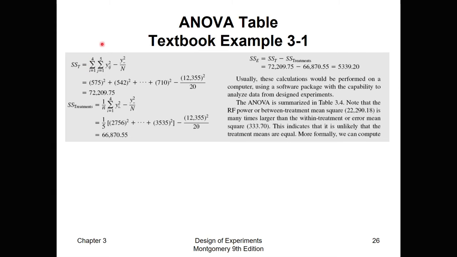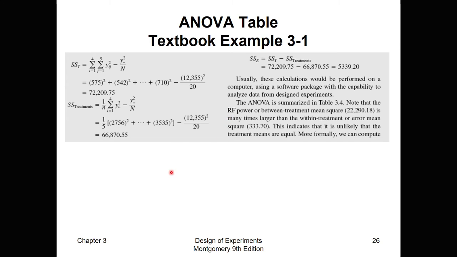By the way, this isn't true with mean squares. Mean squares total doesn't necessarily equal mean squares treatment plus mean squared error. But the sum of squares total equals sum of squares treatment plus sum of squares error. That works. But we can't compare sum of squares treatment and sum of squares error. However, we can use this and the information about the degrees of freedom to construct the ANOVA table.